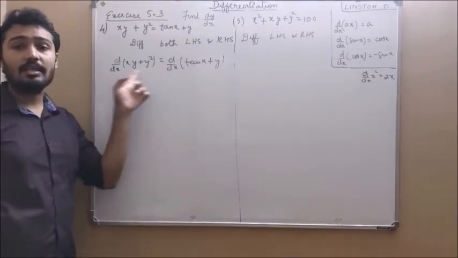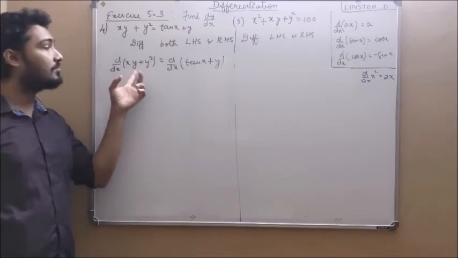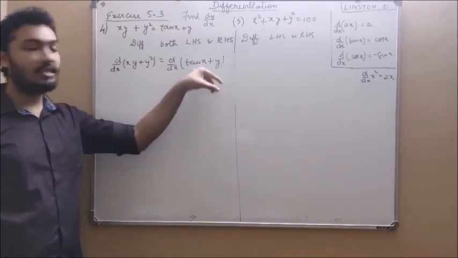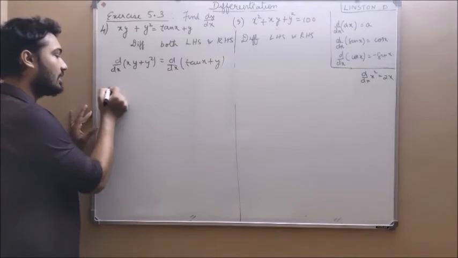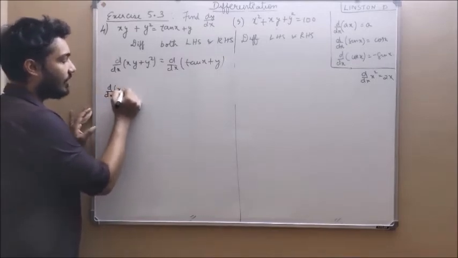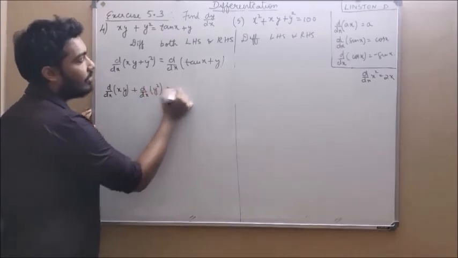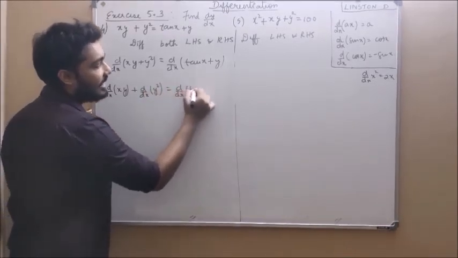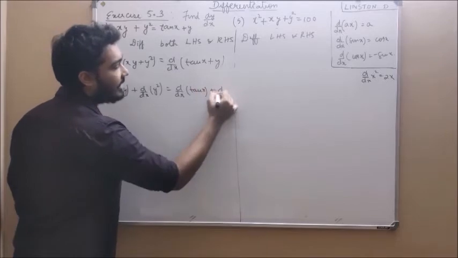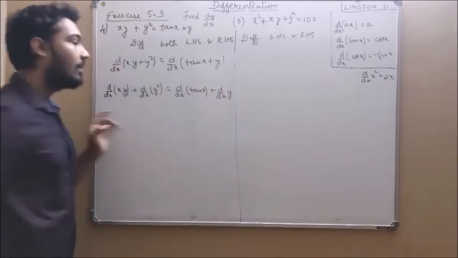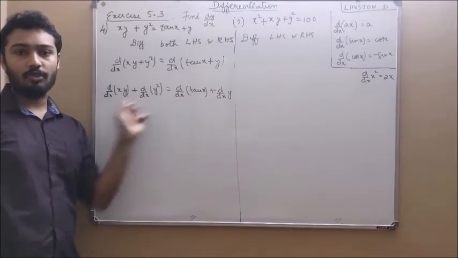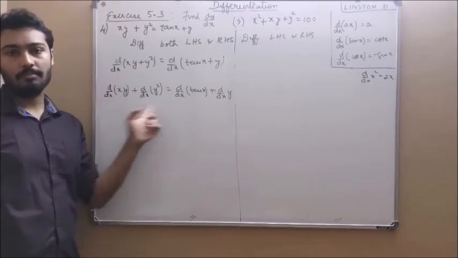Now this is a sum, so differentiate this plus differentiation of this. So this is d by dx of xy plus d by dx of y square equal to d by dx of tan x plus d by dx of y. Here we applied the sum rule, if you are differentiating the sum.